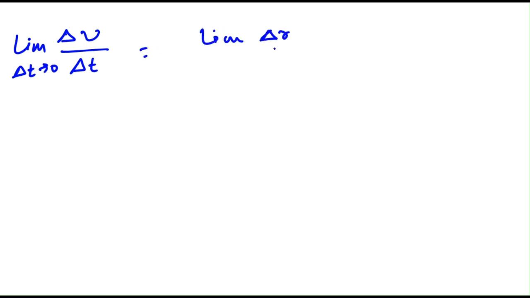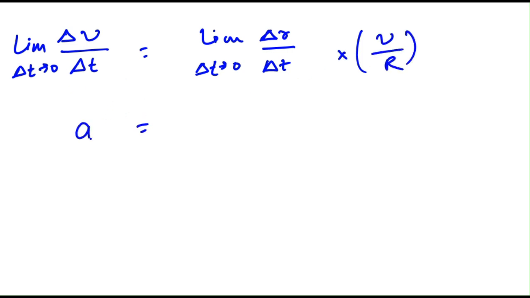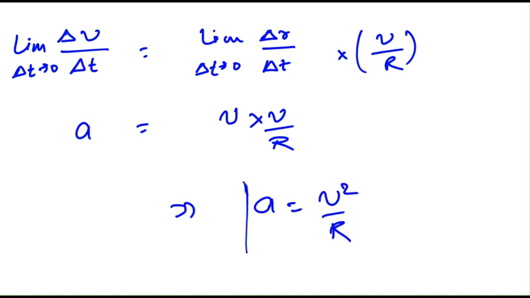So delta v by delta t, as delta t tends to 0, equals delta r by delta t, as delta t tends to 0, and then we have the constant term v by r multiplied with it. This first thing is nothing but acceleration. This other thing is nothing but velocity, or speed if we are not taking direction. So finally we have acceleration equals v square by r.